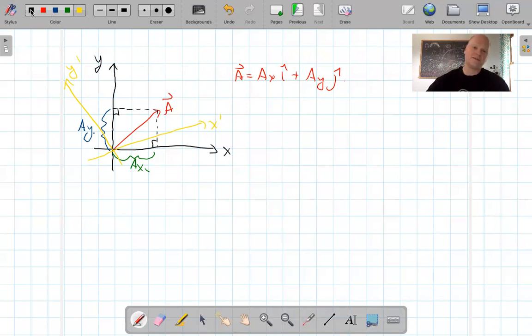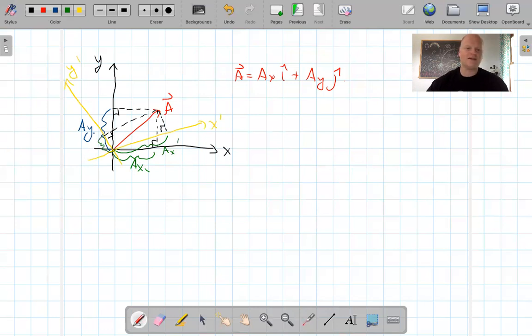But if I look at this observer here, if I drop a perpendicular onto this axis, they see a different amount than I do along their x direction. And if I drop a perpendicular down in this direction onto the y-axis, they also see a different amount in that axis. So for example, this amount here is the amount in this coordinate system, which I'm going to call AX prime.